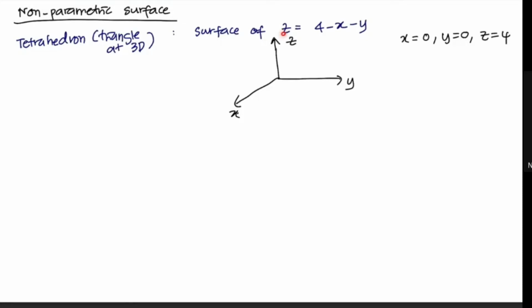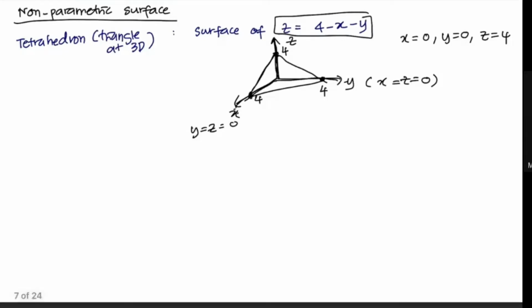Substitute here 0, 0, so z equal to 4. Then the points will be 4, 4 and 4. So connect all the points. So the surface is actually here, a triangle in 3D space.